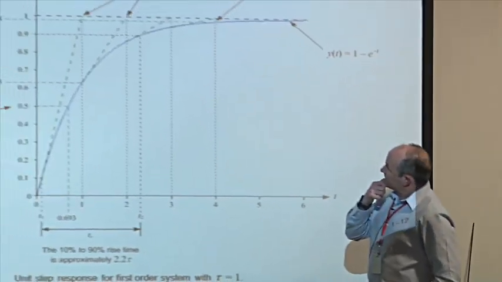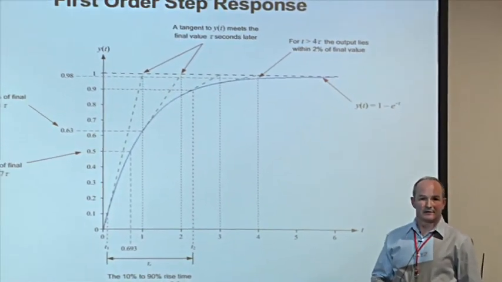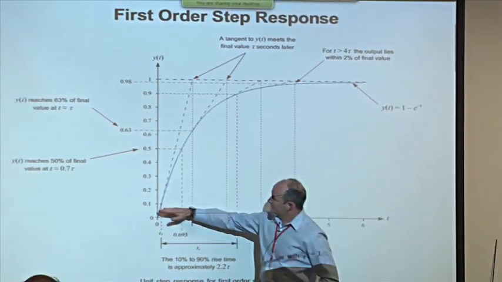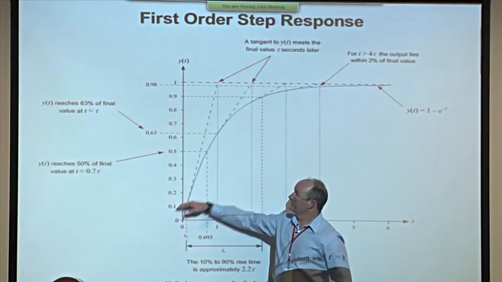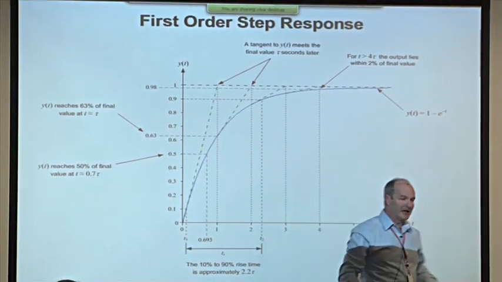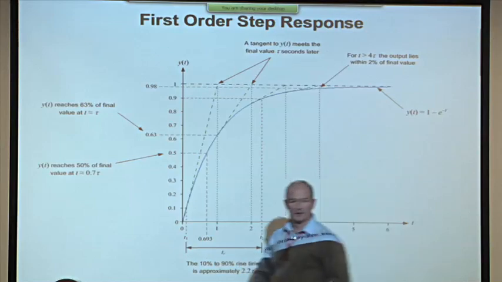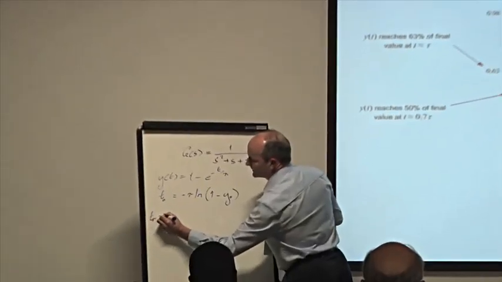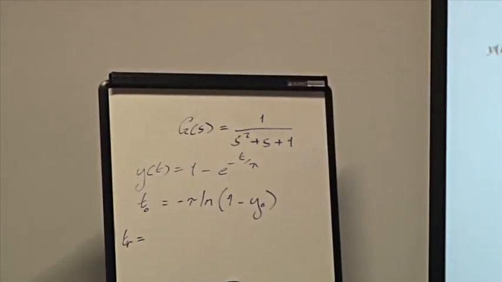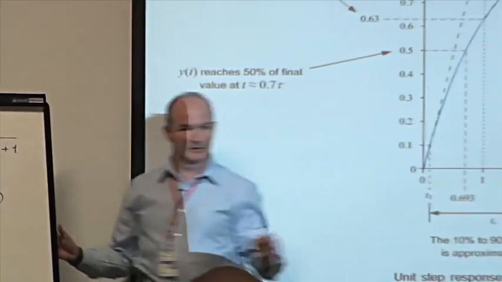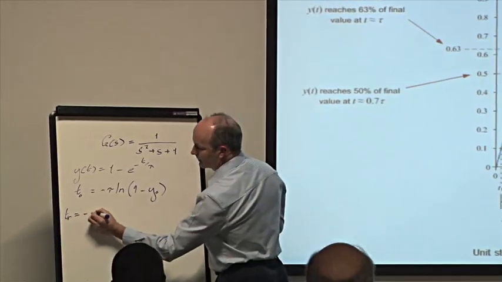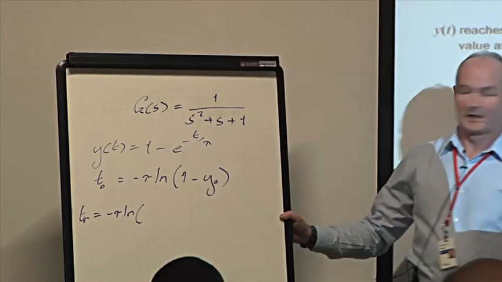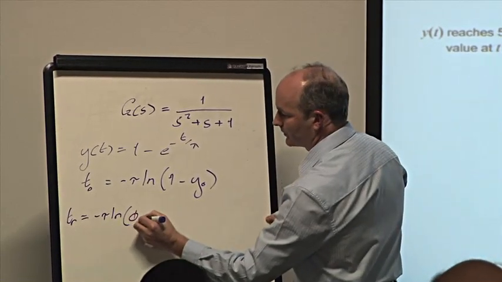Now, another thing that we can do is to work out the rise time of this system. And the rise time is often defined as the time it takes the response to get from 10% to 90% of final value. All we do is we apply this formula over here. So the rise time of this is going to be equal to the time it takes to get to 90% minus the time it takes to get to 10%. So it's going to be minus tau times the natural log of 1 minus 0.9, that's going to be 0.1.